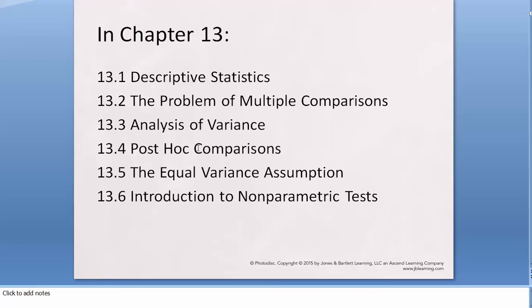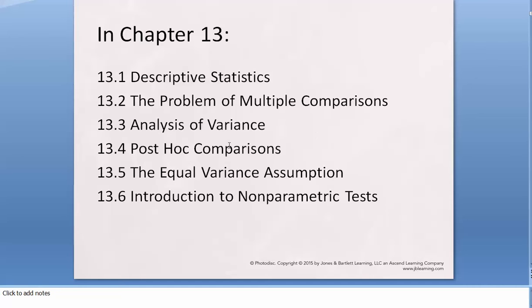If there is at least one difference, we need to know exactly which of the pairs are different from each other. Then you need to do pairwise comparisons. It's a post hoc analysis, meaning after the effect, you will do pairwise comparisons.